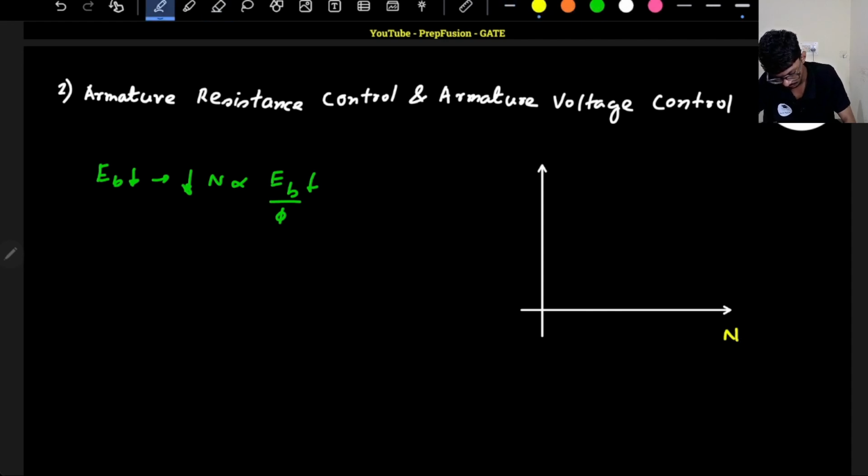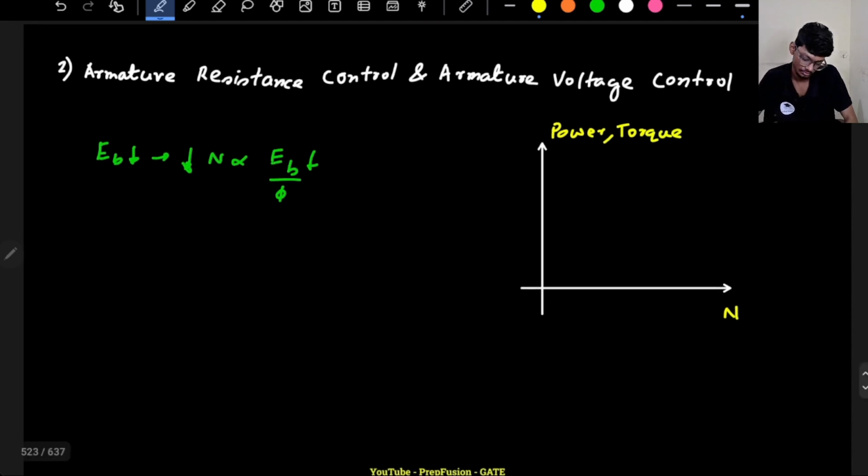So this is my speed, this is my power, and this is my torque. If this is my N rated, I will only discuss about below the rated speed.